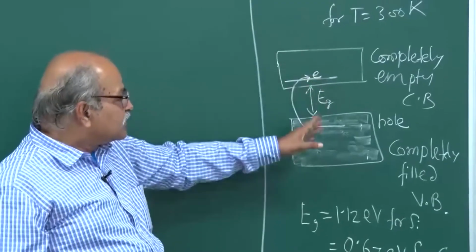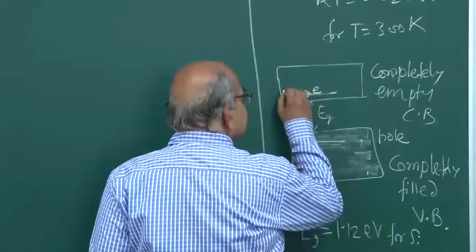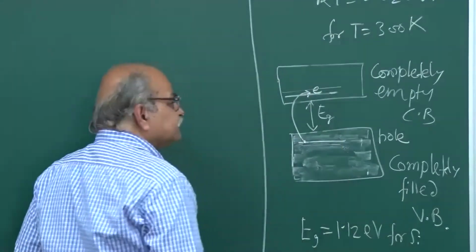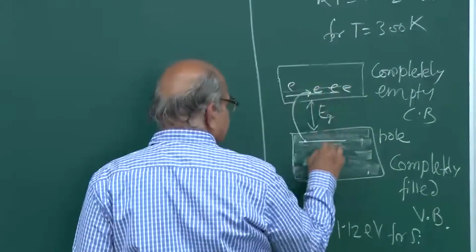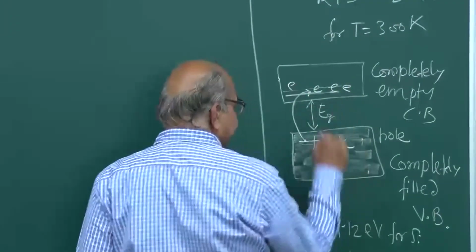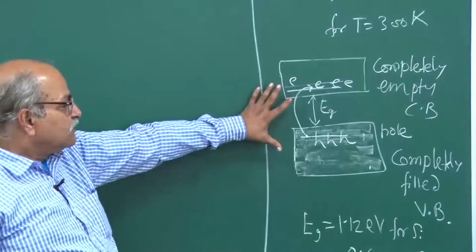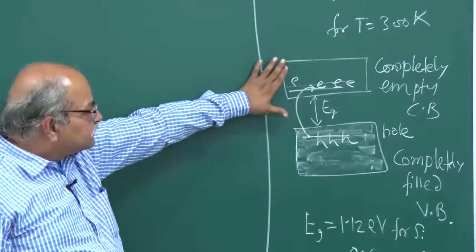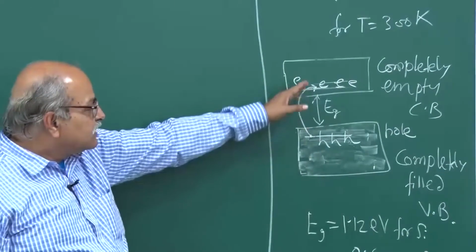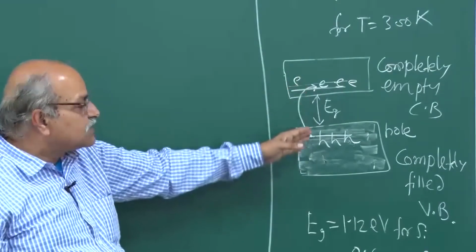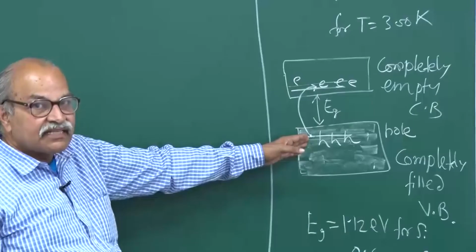So, at any given temperature, some of the quantum states here will be empty and some of the quantum states here will be filled, and therefore you will have some electrons here and the same number of holes here. Okay. So, this kind of material where you have the same number of electrons and holes, these electrons are here only because some valence band electrons have received that energy.